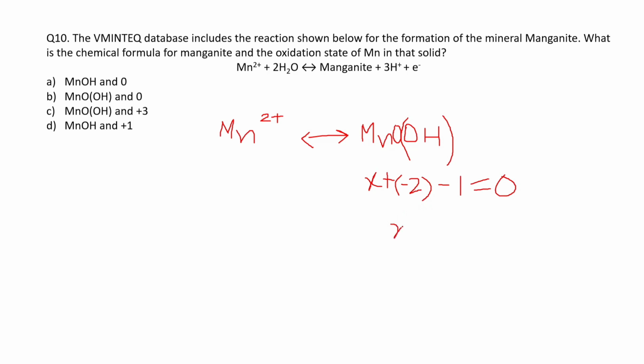So the oxidation state of manganese in magnetite is +3. So option C is the correct answer.